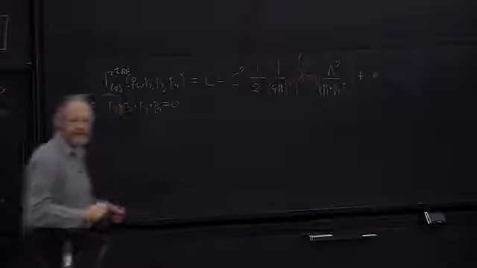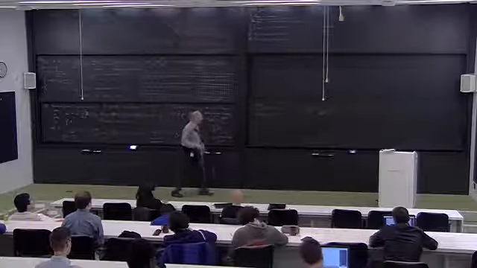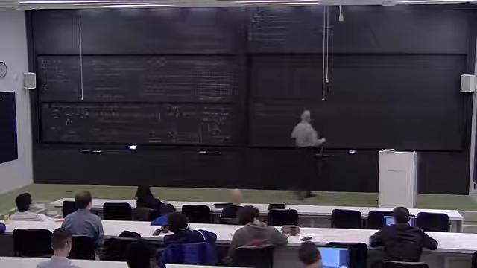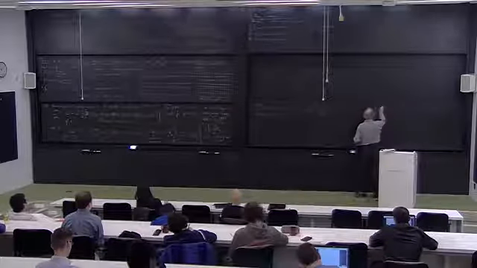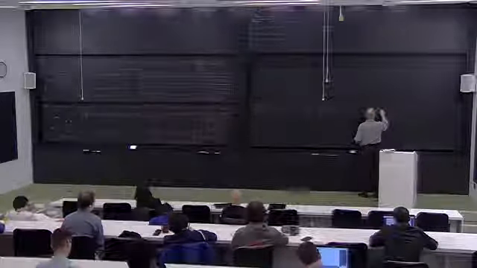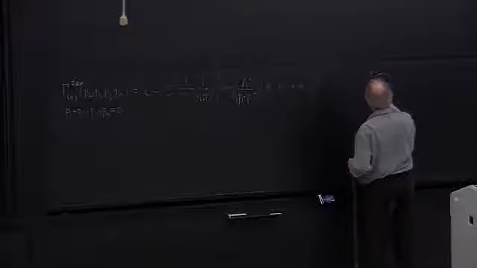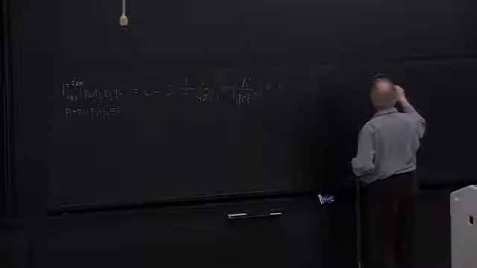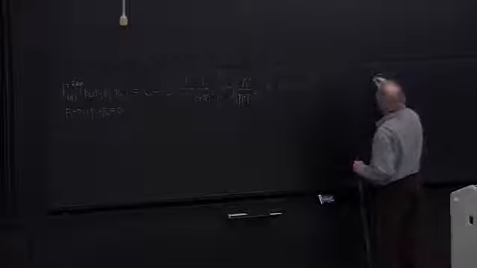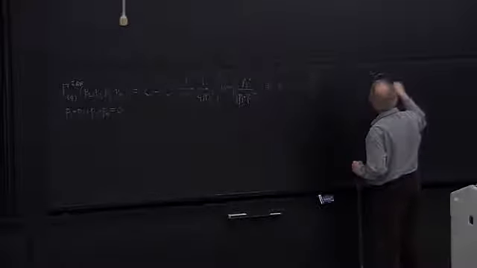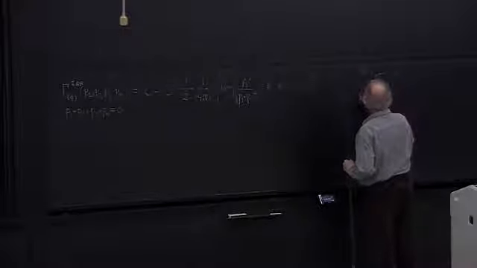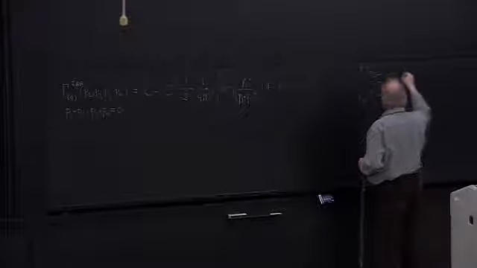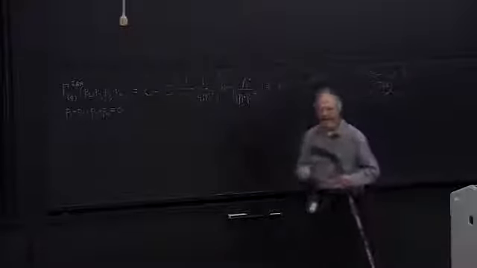Okay? Good. So this is the value of the irreducible 4-point function as a function of the incoming momenta. Those are truncated legs.